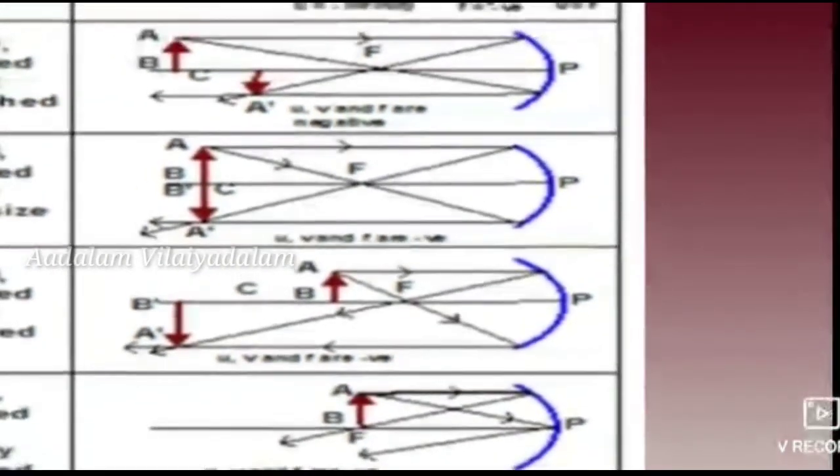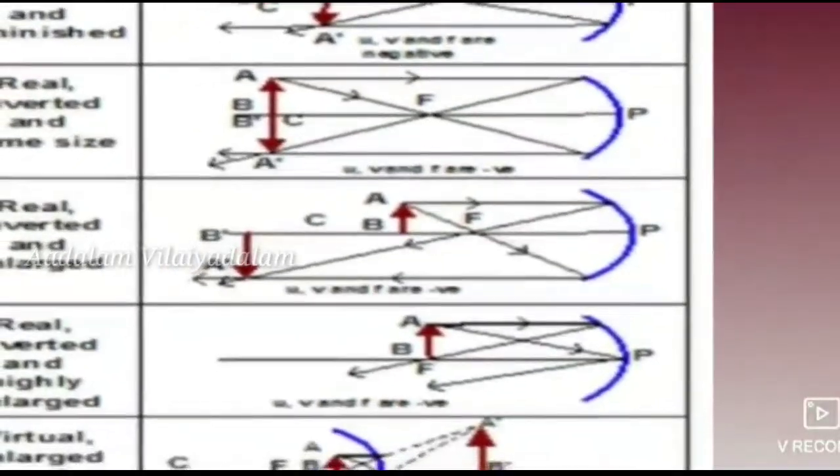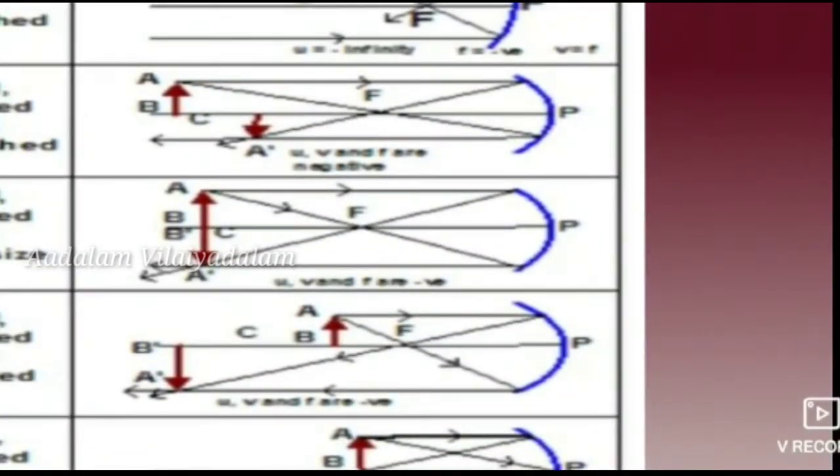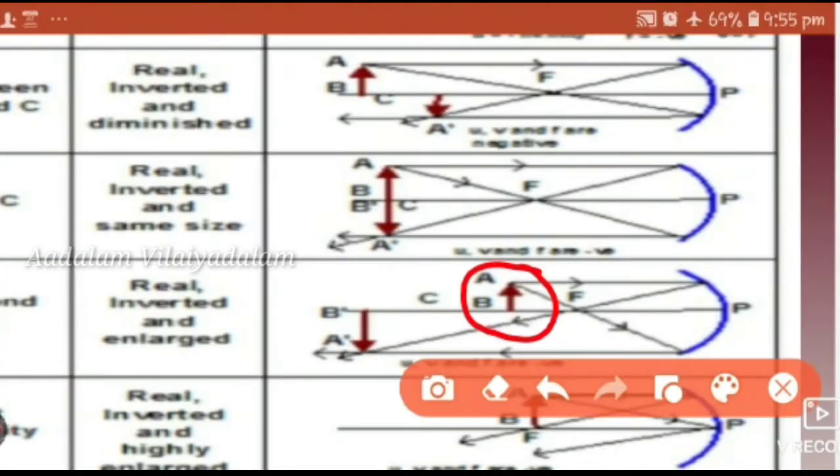And the fourth one is, here this is AB, we have to place the object between the center of curvature and F. See, here this is the object AB placed between the center of curvature and focal point, and we will get the inverted image A'B' formed beyond C, that is before the center of curvature.